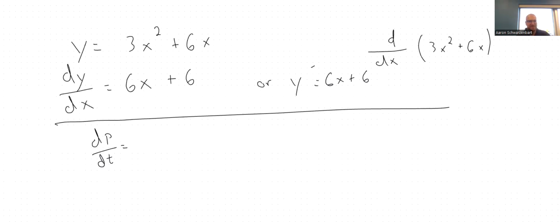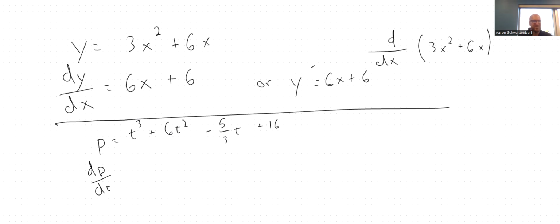What if the second term doesn't have a variable? So I'm going to do one of those. So what this dp dt means is derivative of, so p is my dependent variable, t is my independent.